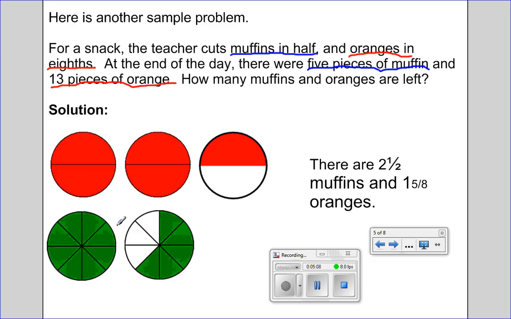I can definitely color one whole circle in. That gives me 8 pieces. Then on the second circle, I need to color in another 5 to bring me up to 13. When I look at this diagram, I have 1 and 5/8. So putting this all together, there are 2 1/2 muffins and 1 and 5/8 oranges.